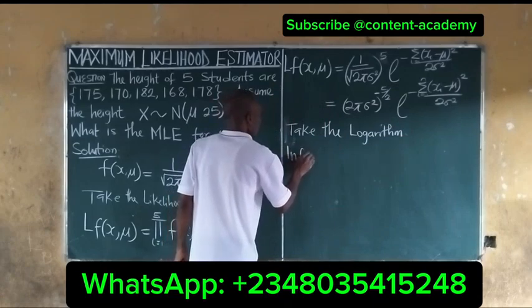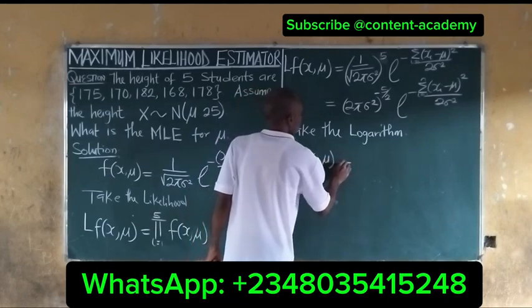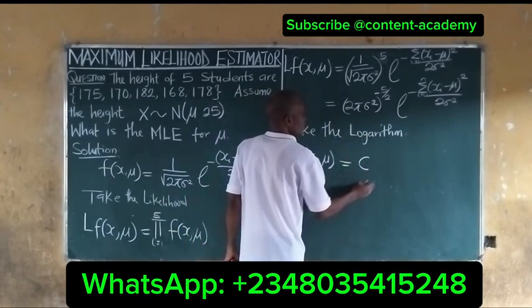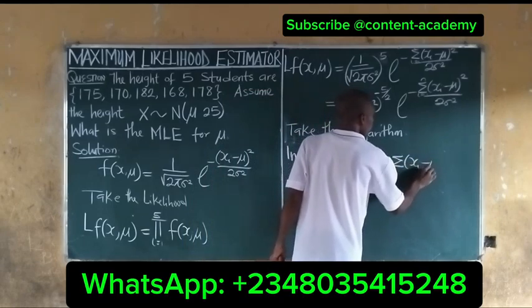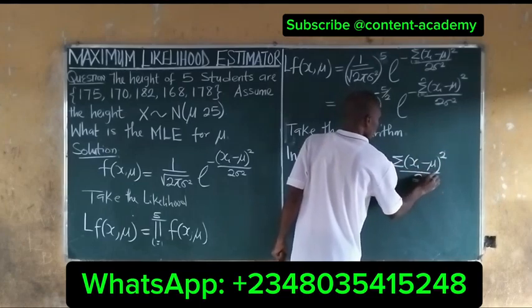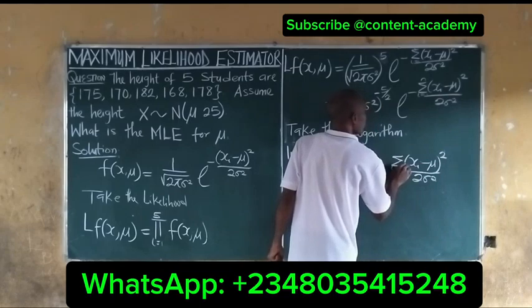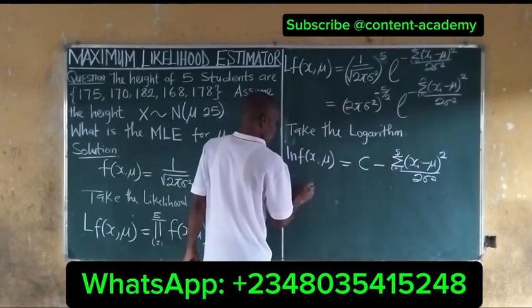Now the log of f of x, mu is equal to, since we know what it is, c minus summation of (xi minus mu) raised to the power of 2 all over 2 sigma squared, i running from 1 to 5.